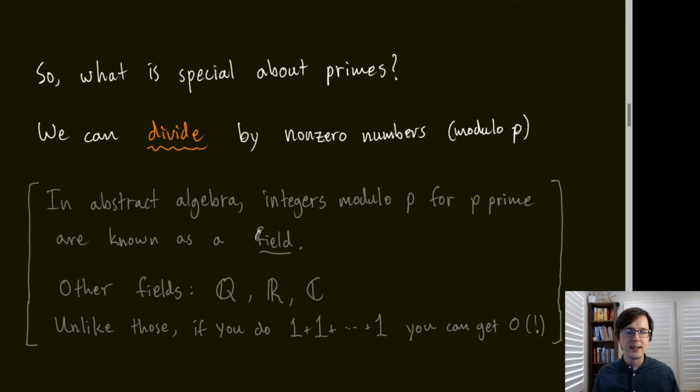And you're familiar with a number of fields, like the rationals, the reals, the complex numbers. They're all things where you can divide by non-zero things. But one weird thing about integers mod p, this field, is that if you repeatedly add 1, eventually you'll get 0. Whereas in Q, R, and C, if you keep adding 1, it just gets bigger and bigger, goes toward infinity. But if you add p 1s together, you get 0. So that's a weird thing about it.